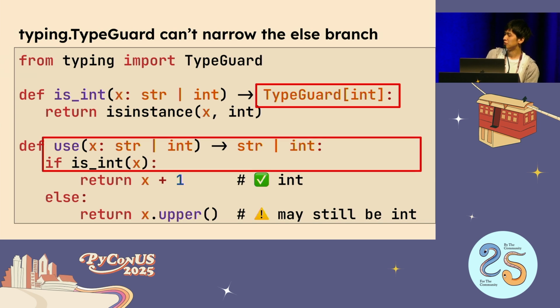It's very clear on the use side: if is_int(x), we can do x plus 1 because this is int. It works. But in the else statement, x may still be int, so TypeGuard supports only the if statement side.